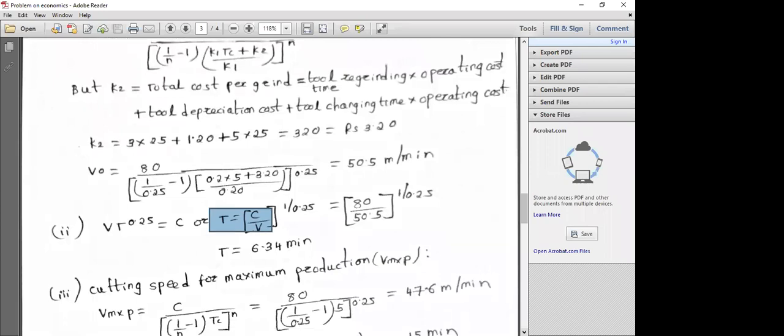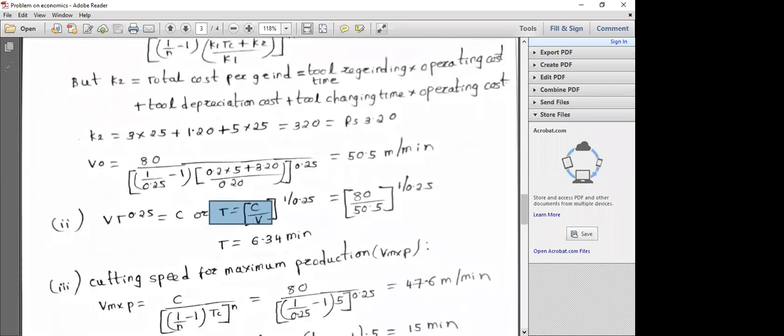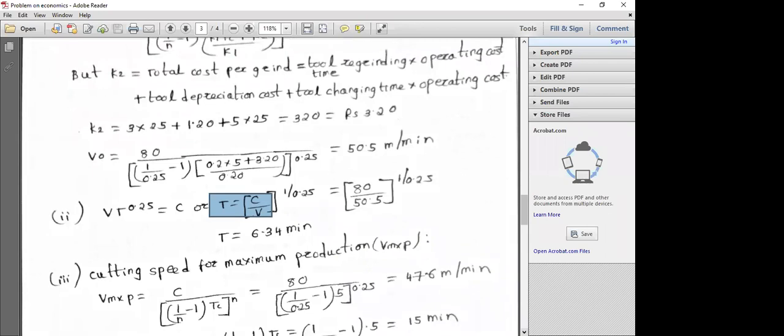What is the cutting speed for maximum production rate? The formula is given in the third equation. TMPR is C by 1 by n minus 1, into TC. TC is the tool changing time, which is given as 5 minutes in the problem.